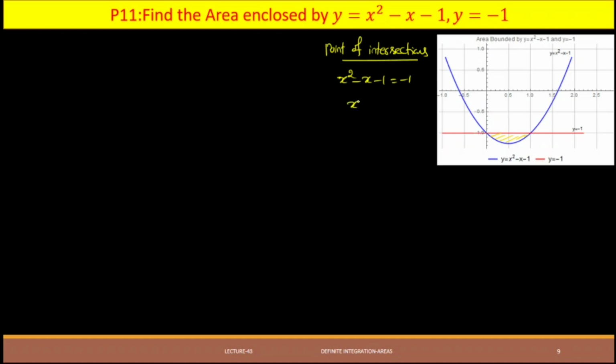This becomes x square minus x is equal to 0, that is x into x minus 1 is equal to 0, which implies x is equal to 0 comma 1. At x equal to 0 and at x equal to 1, the straight line and the parabola intersect.